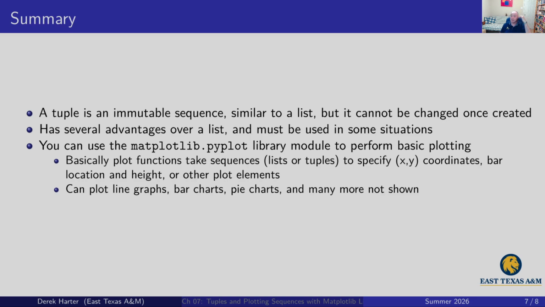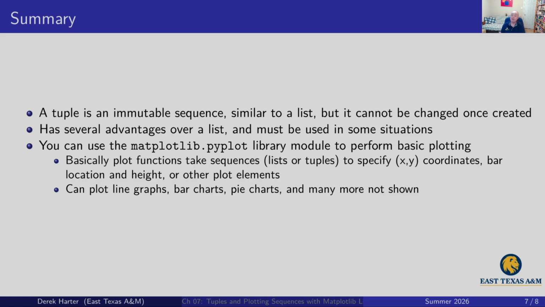And we briefly looked over the Matplotlib library, which is not part of the standard Python library. So in order to use this, you would have to install it, like with a pip install, or you have to figure out how you manage and add and remove packages, whatever Python distribution that you're using. There's lots of basic plot types and more complex plot types that are part of the Matplotlib library that we didn't go over, but we did look at three fundamental ones, so line graphs, bar charts, and pie charts here.